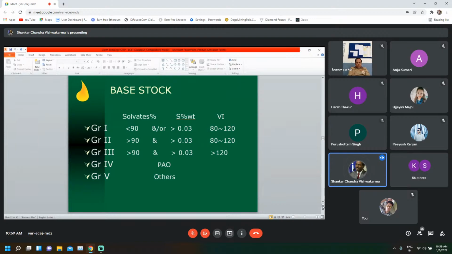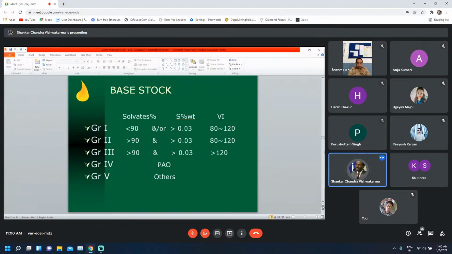Ideally, solvency increases from group 3 to group 1, but the oxidation stability of a base stock, I'm talking about base stock, is high for group 1, less for group 2, and lower going from 1 to 3.